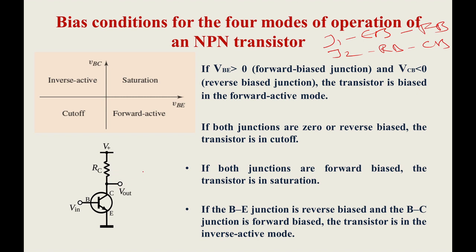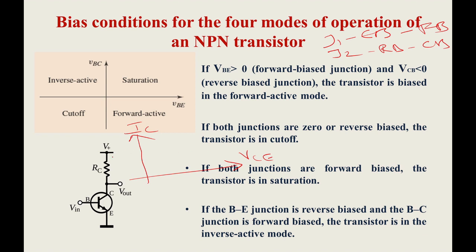Based on the movement of the charge carriers, you have different modes of operation. The first mode is your forward active mode. I will just draw the characteristics to understand this mode, with your output characteristics graph.